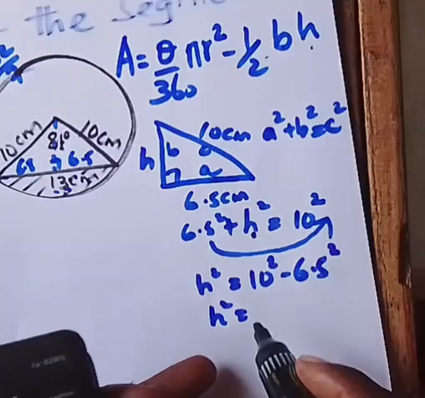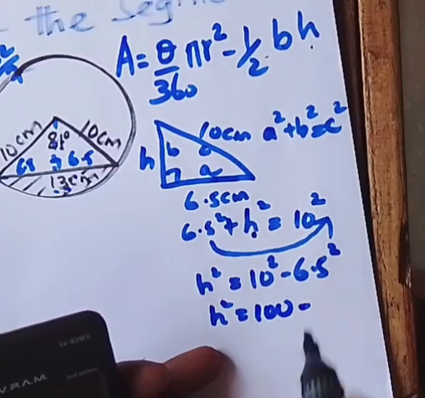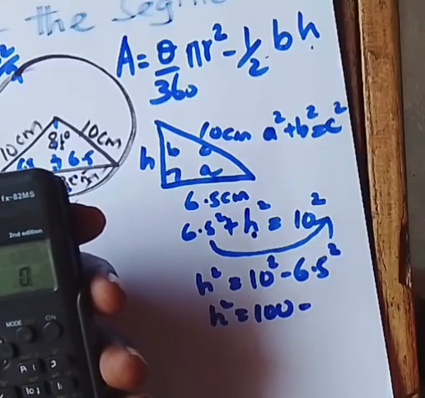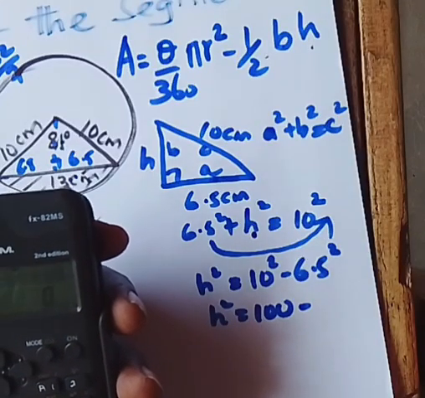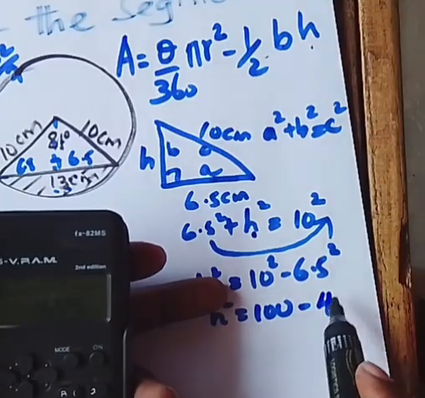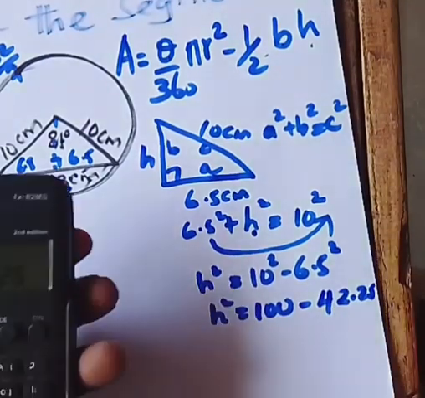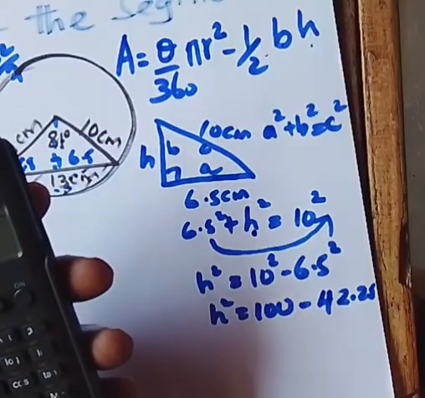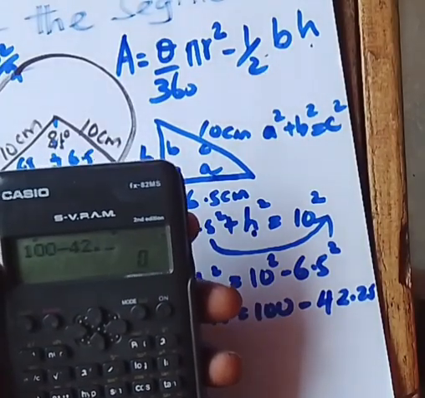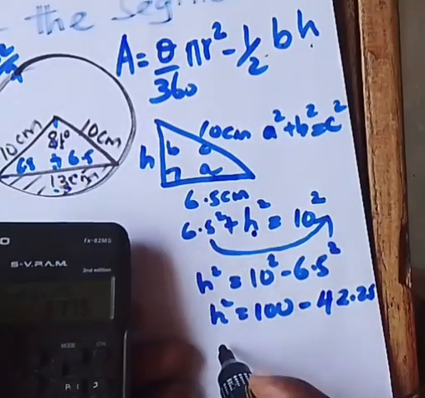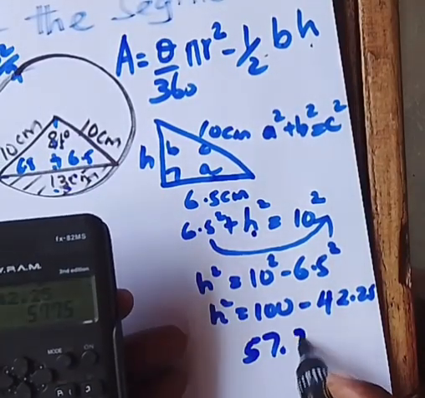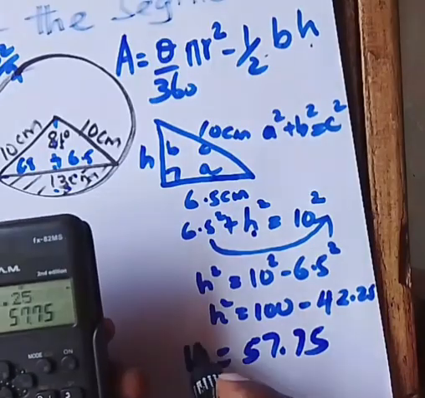So our H squared will be equal to what? 10 squared is 100 minus 6.5 squared, you can use a calculator. 6.5 squared gets 42.25. We subtract 100 minus 42.25, you get 57.75 as H squared.